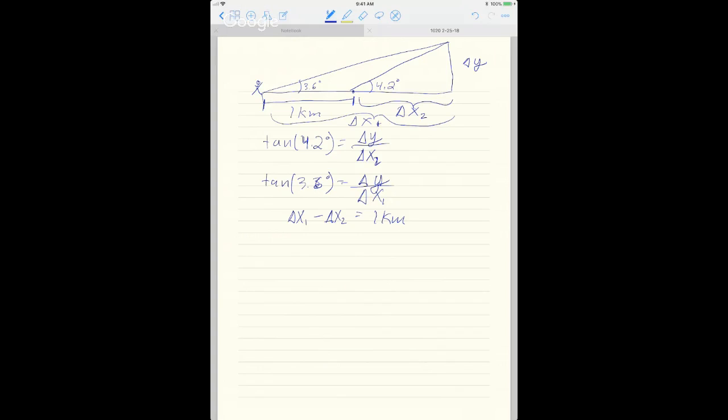You could say delta x2 is delta y over tangent 4.2. You could say delta x1 is delta y over tangent 3.6 degrees.